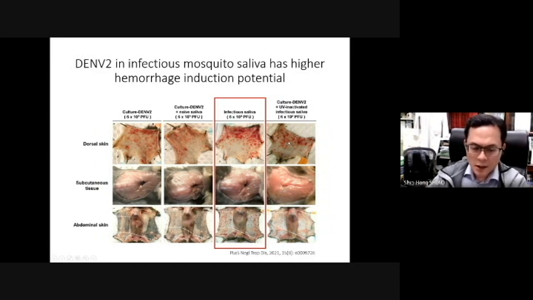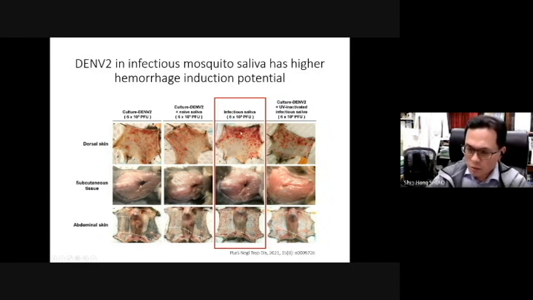So here we can see that in all 4 groups we can see the hemorrhage development in dorsal skin and abdominal skin on day 6 after infection.